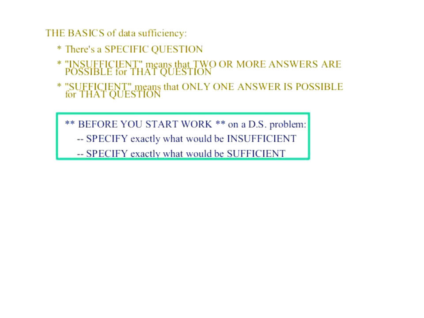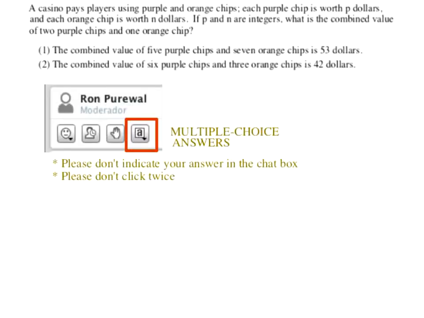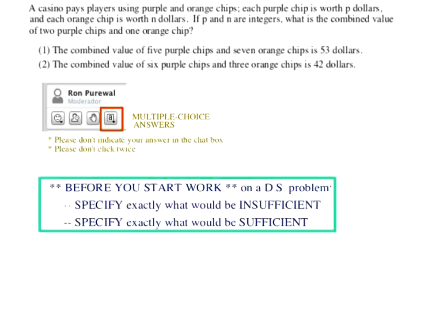Remember where your multiple choice answers are. I'll give you a timer. If you've been here before, you know how this works. So here's the first problem of the day. This is from our material. Please indicate your answers using the multiple choice tool. That's where you find it, underneath your name.